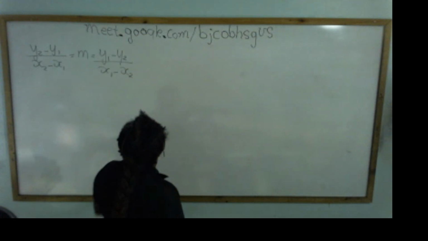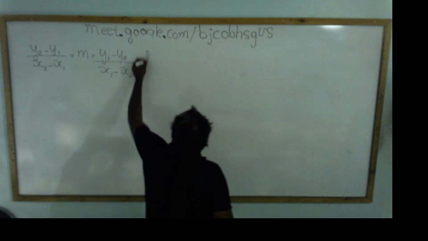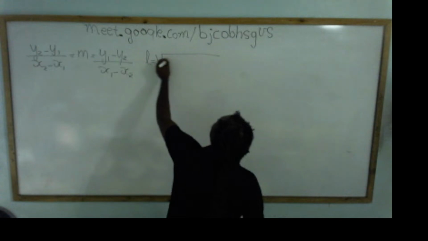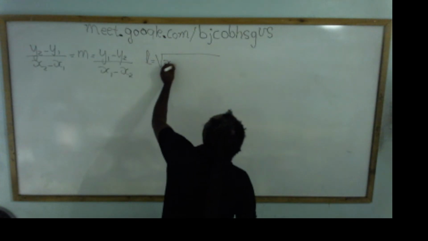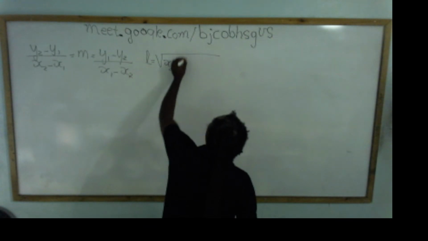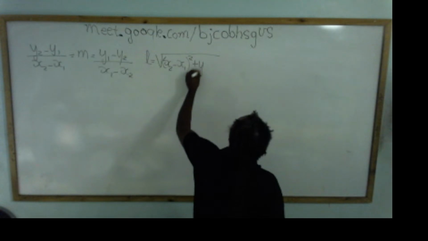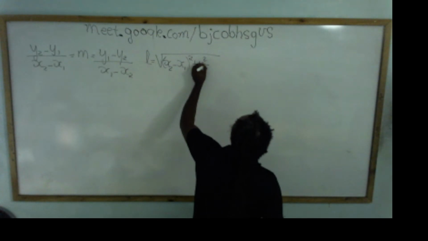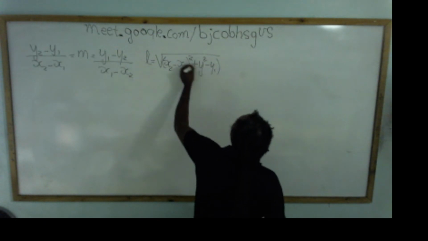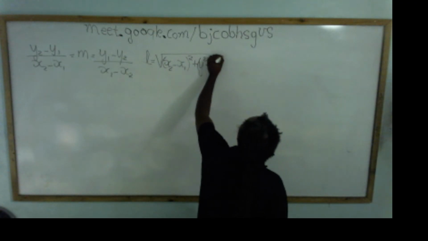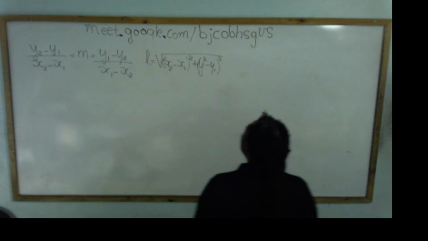That's one. The length of the segment is equal to the square root of (x2 minus x1) all squared plus (y2 minus y1) all squared. And the midpoint is the average.